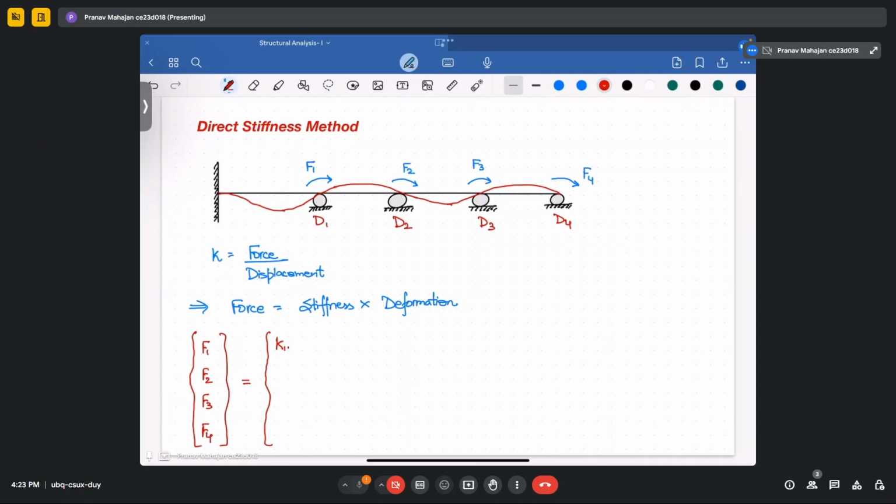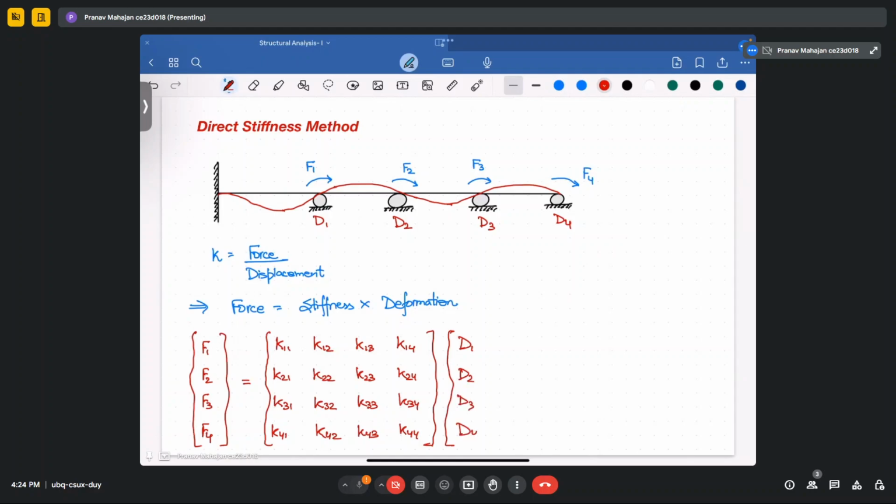And here your stiffness matrix will be K11, K12, K13, K14, K21, K22, K23, K24, K31, K32, K33, K34, and similarly for the fourth row also. So when you multiply it by deformation, you will get the value of the forces.